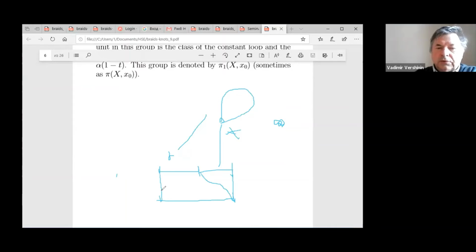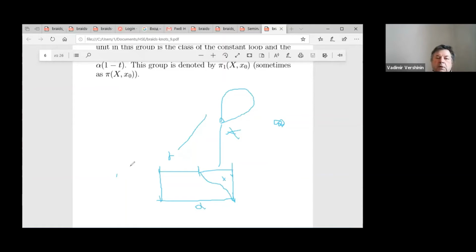If you'd like to have the homotopy, then this is our constant, this is alpha, this is constant. This is alpha everywhere.